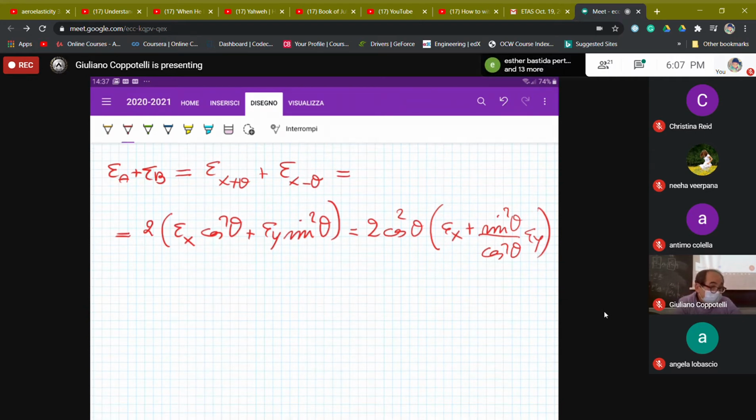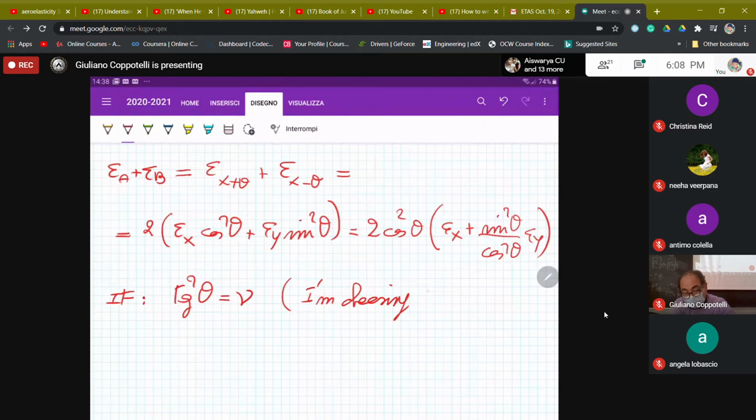Because we are designing such a measuring device so that we can have information concerning the stress, let's assume that the orientation angle theta and the Poisson ratio are related by this equation. I am choosing the theta angle so that tangent square theta is equal to the Poisson ratio.